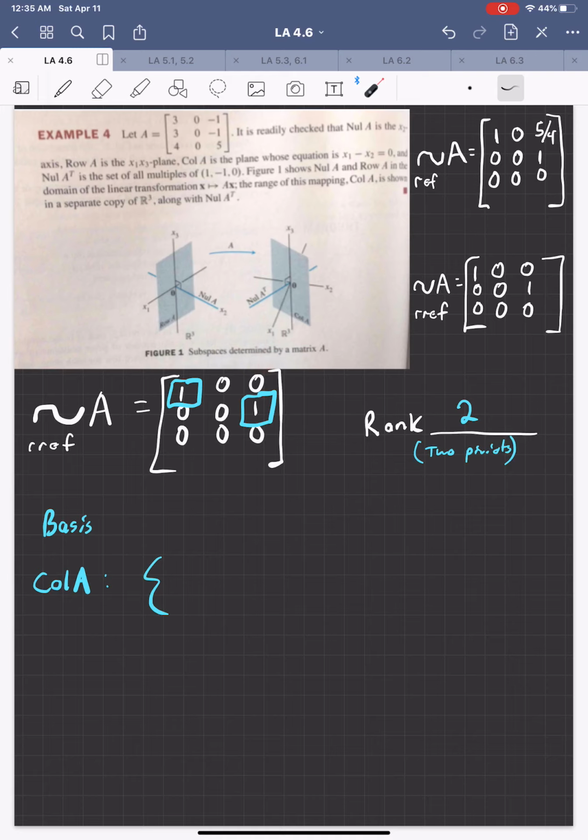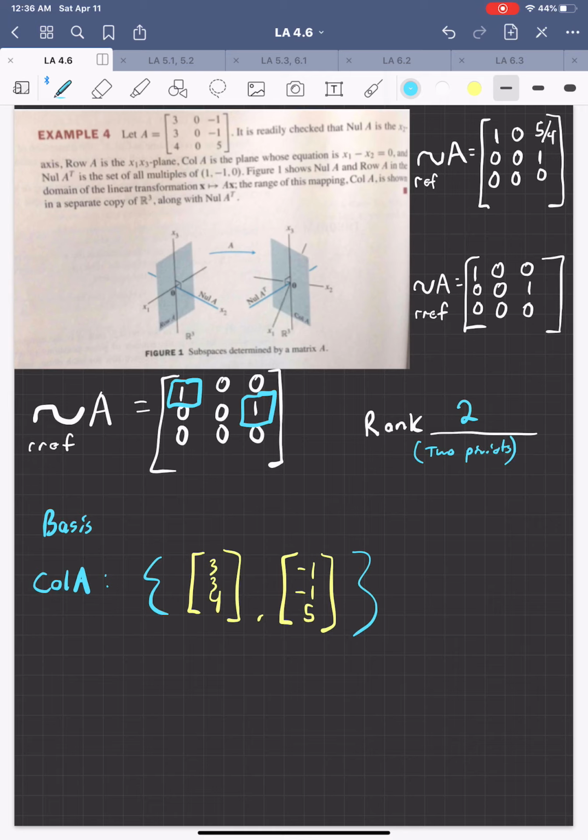That means we want to go back to the original matrix and grab column 1 and column 3. So let me write that. So that's 3, 3, 4. And what is that? -1, -1, +5. So that is our basis for our column space.